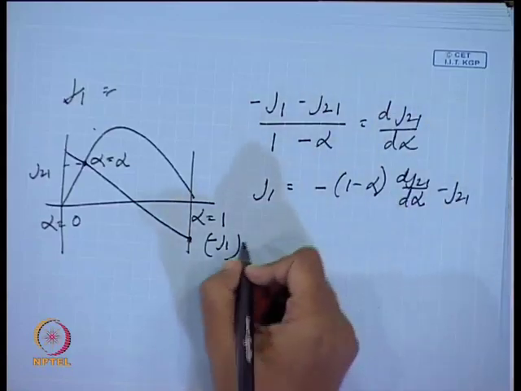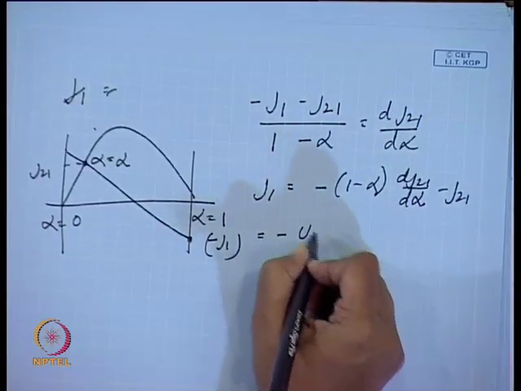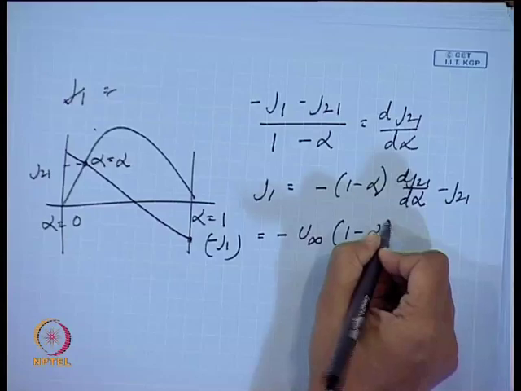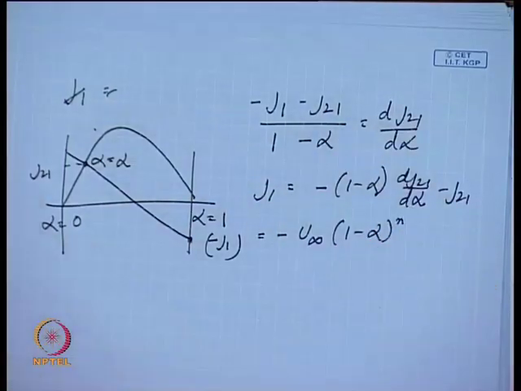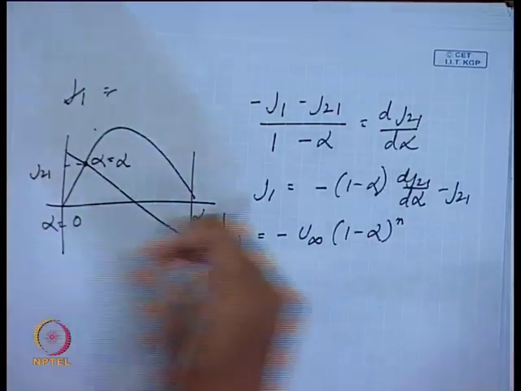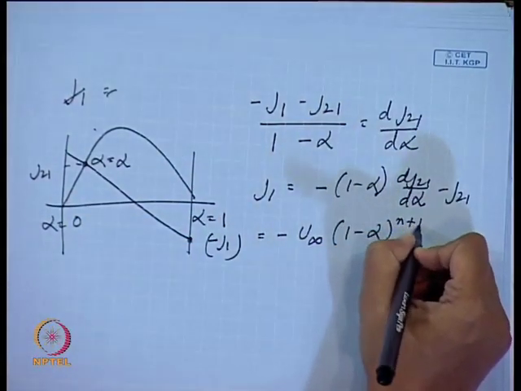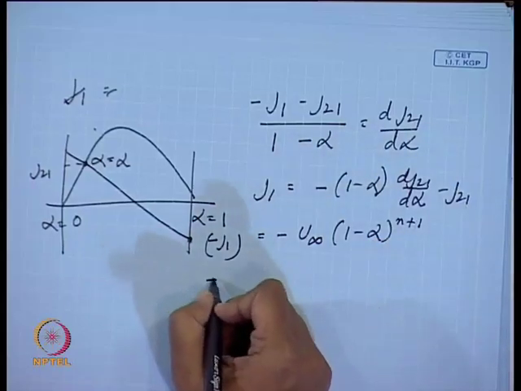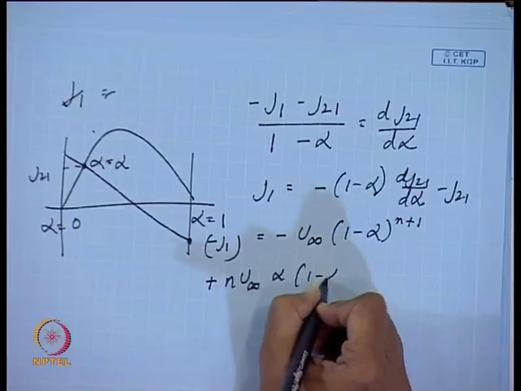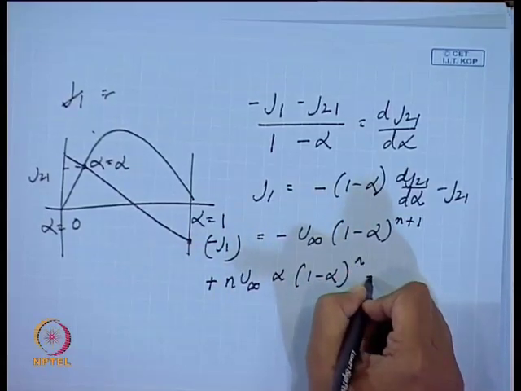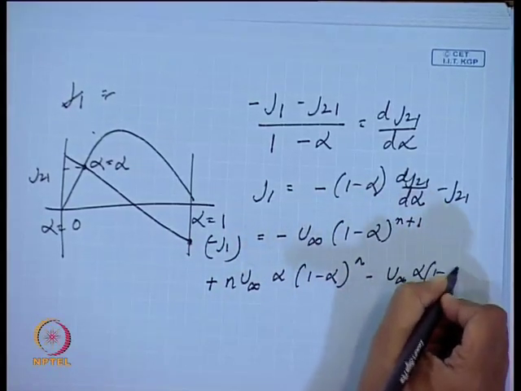Or this gives you, if you write it down, minus u infinity n u infinity alpha 1 minus alpha whole to the power n minus u infinity alpha into 1 minus alpha. Please perform all these derivations that I am doing in your home and find out whether you are getting the same expressions. It can happen that I am making some mistakes. So, unless you do the derivations on your own, it is going to be very difficult.